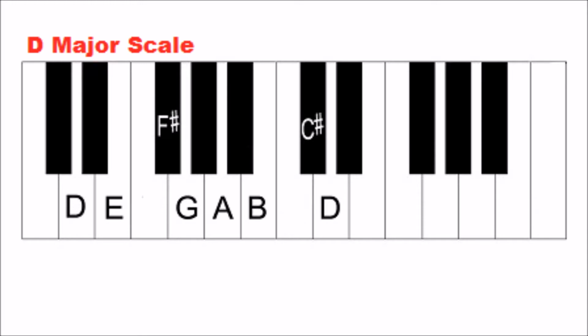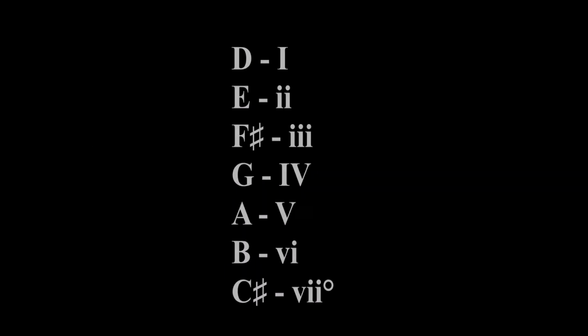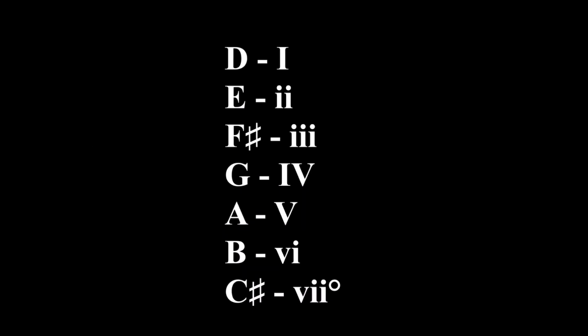Each chord in the key of D major is based on one of these notes. Roman numerals indicate each chord's position relative to the major scale. Chord 1 is based on the note D. Chord 2 is based on the note E. Chord 3 is based on the note F sharp.